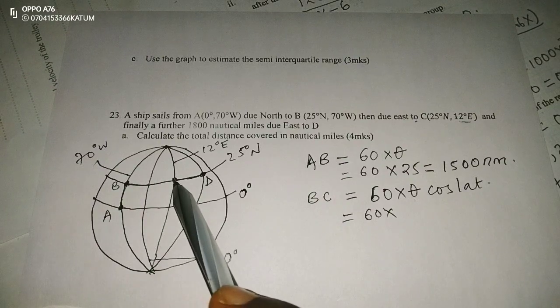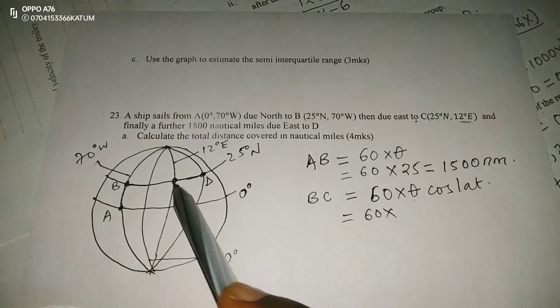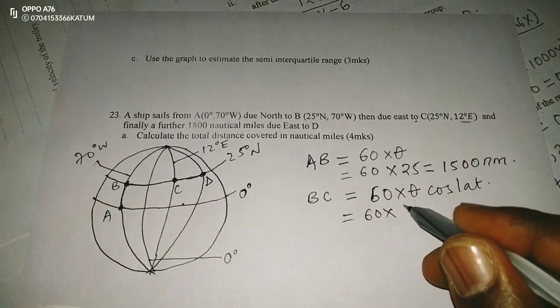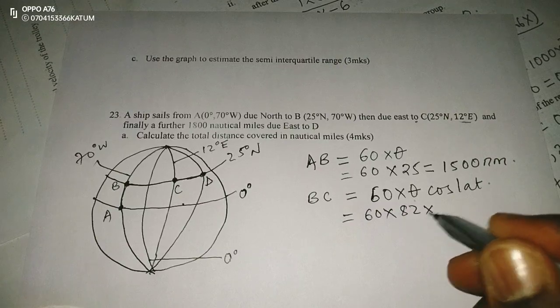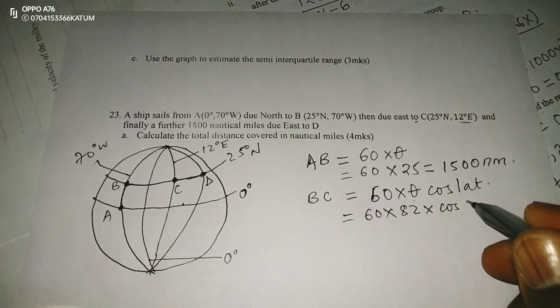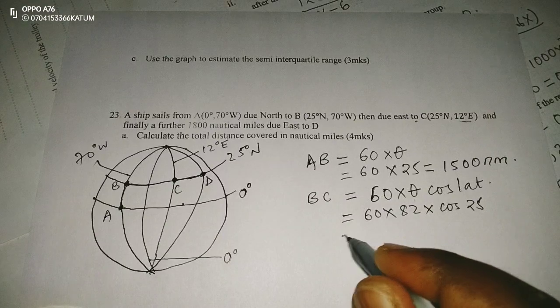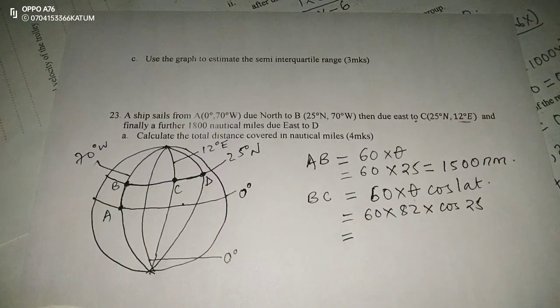So 70 plus 12 is 82, multiplied by the cosine of latitude 25. Therefore, the distance is 60 times 82 times the cosine of 25.